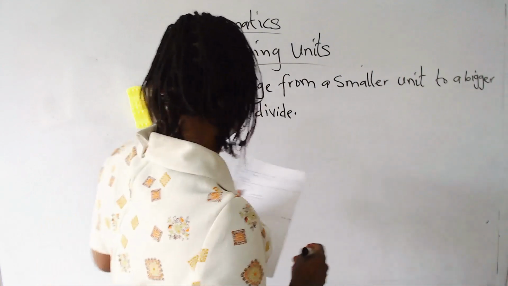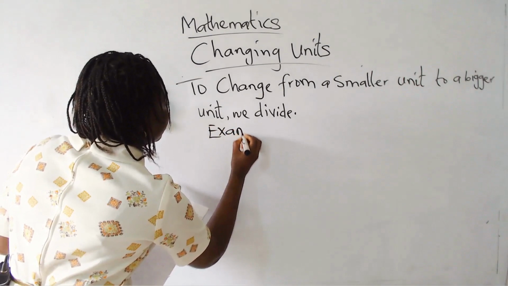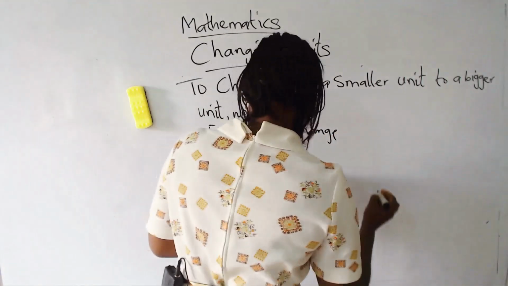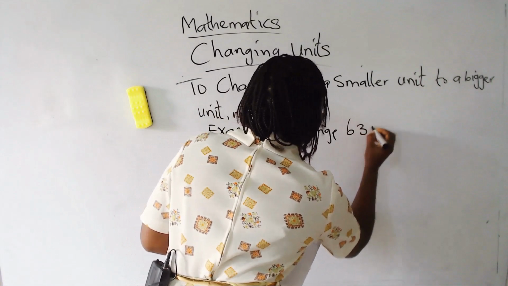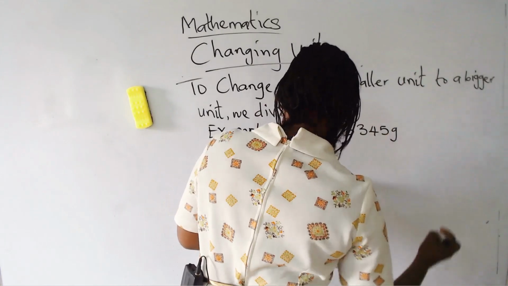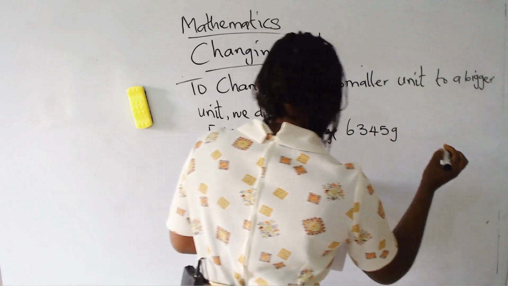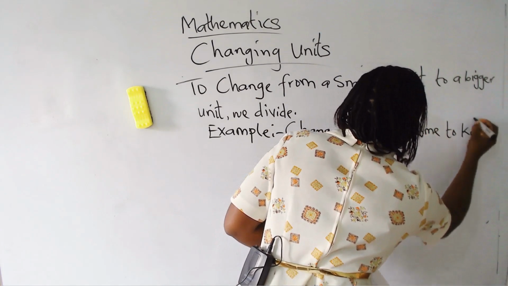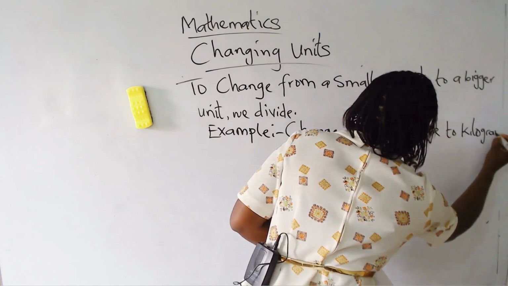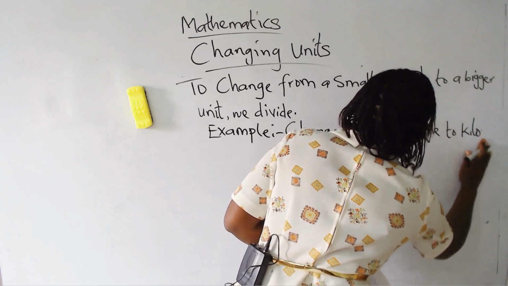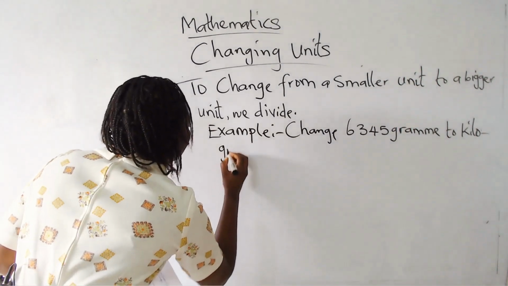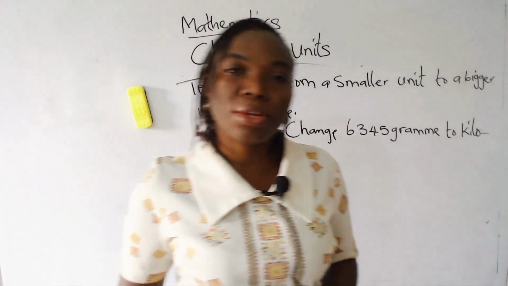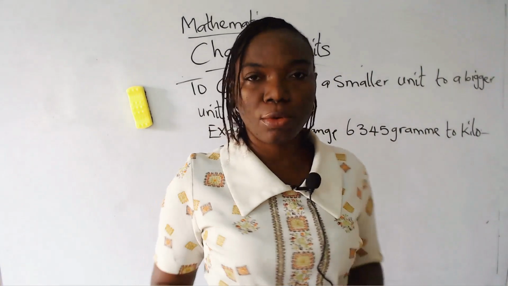For example, on the board we have: change 6,345 grams to kilograms.